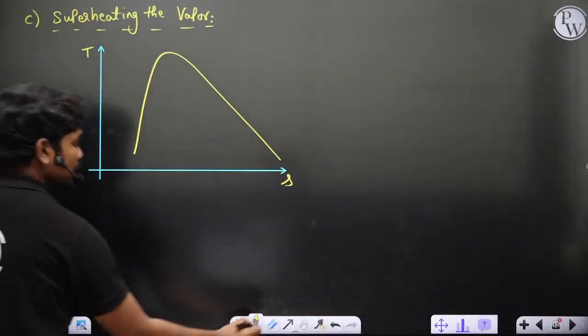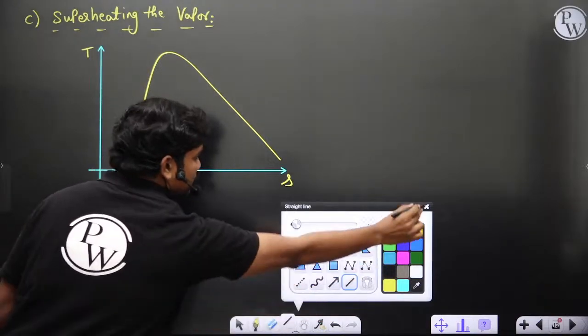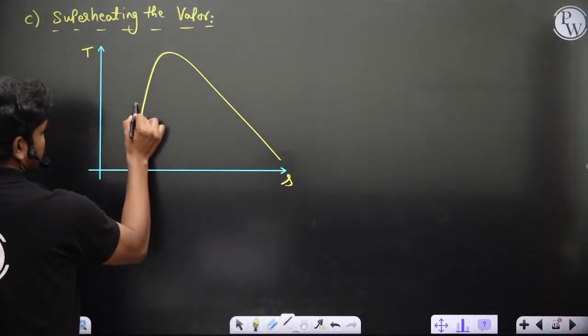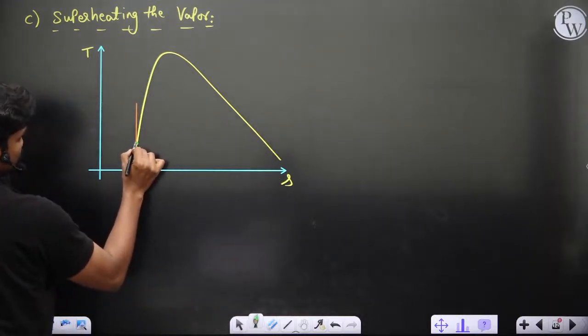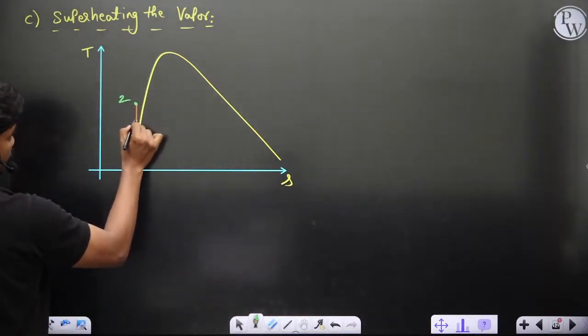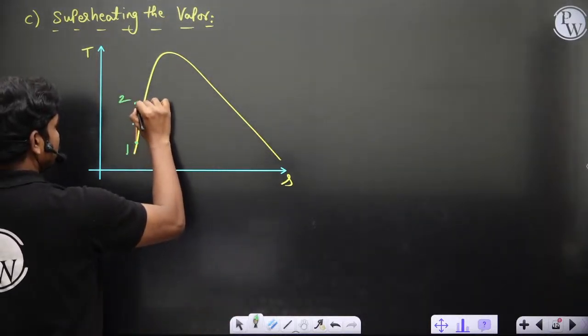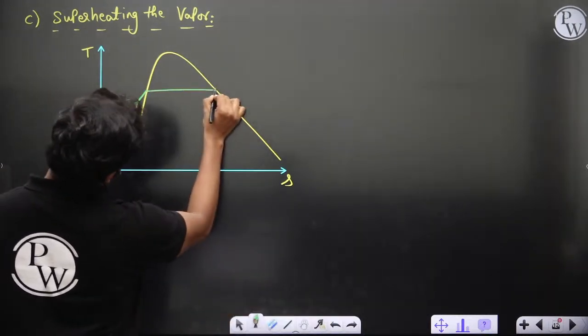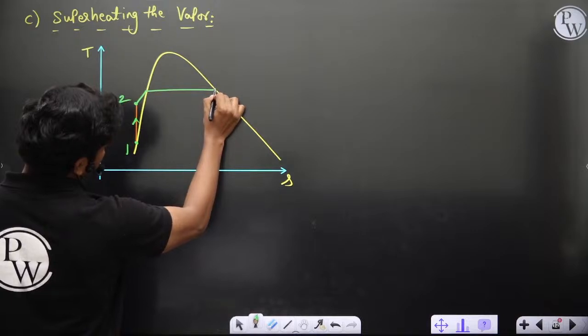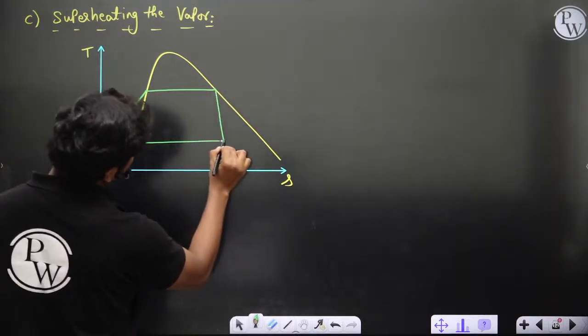You have a dome like this, then your cycle is actually something like this, 1 to 2, then 2 to 3 you have this heat addition, and 3 to 4 is this, and 4 to 1 is something like this.